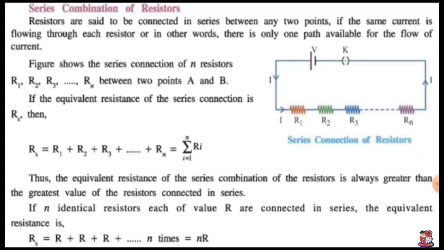So this was all about how you can connect different resistances in series, and how you will be able to find the equivalent resistance value with which you can calculate the total resistance of the electronic circuit, as well as determine the voltage, like input and output voltage.